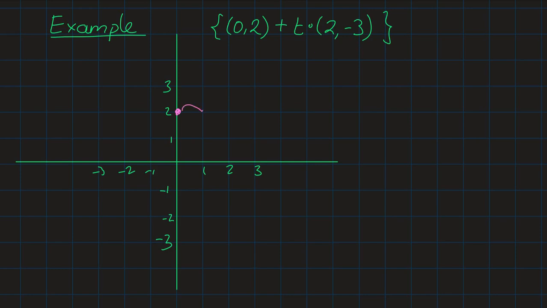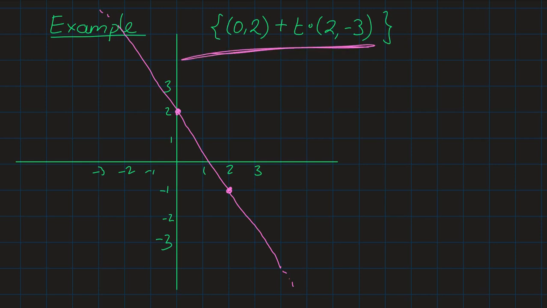So that's 1, 2, and 1, 2, 3. This point here. And I know that this point is on the line as well. Now that I've got two points, I can just join them up, and I can extend it in both directions. So this is the line described by this parametric equation.